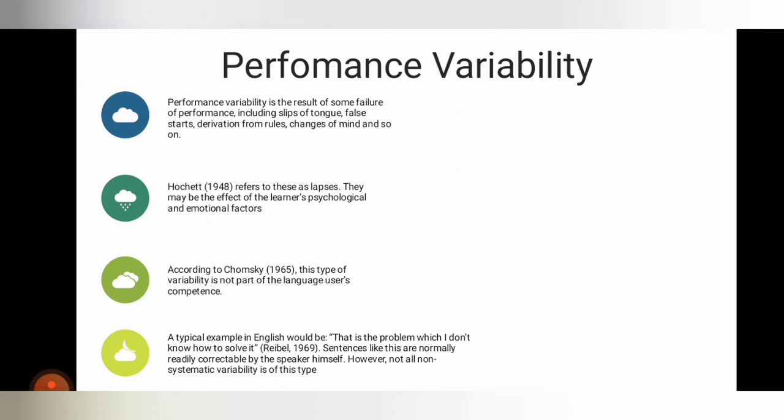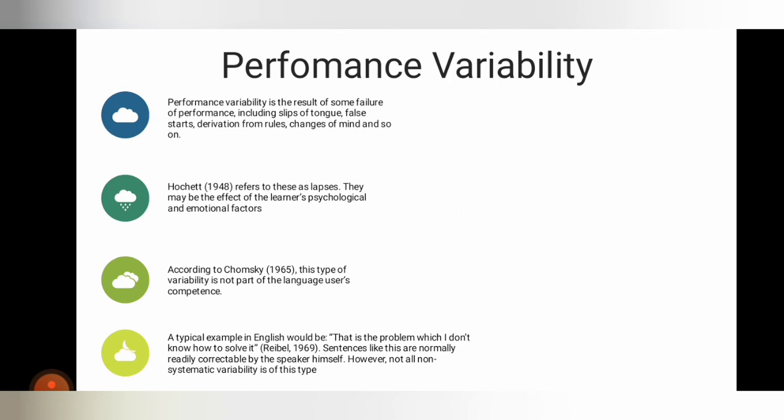And then according to Chomsky in 1965, this type of variability is not part of the language user's competence. It occurs when the language user is unable to perform his competence.